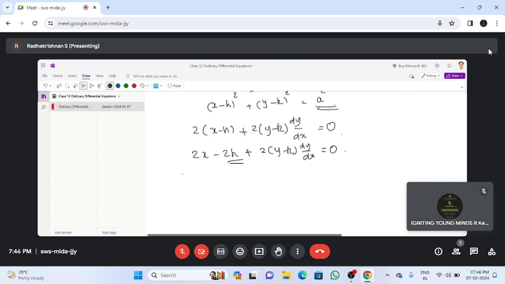Now what will come if we differentiate this? 2 plus 2 into, so this is a function of x, this is also a function of x. So it is a UV scenario. So what you should do? 2 into y minus k into d square y by dx square plus the differentiation dy by dx into dy by dx.